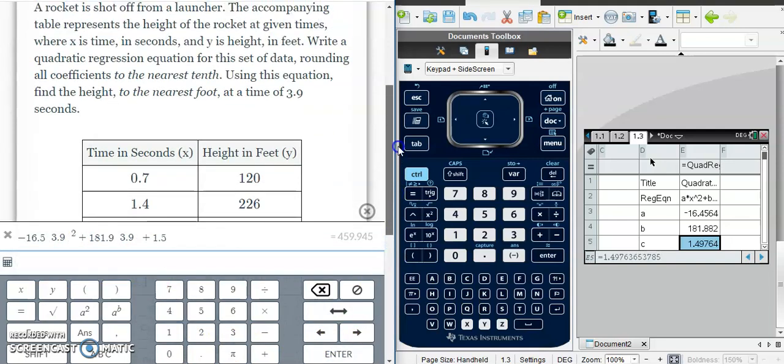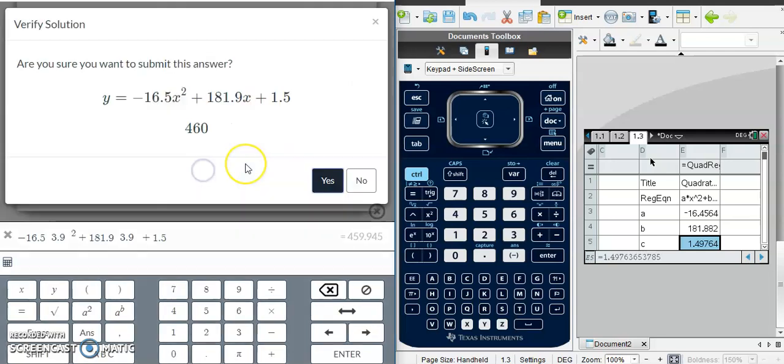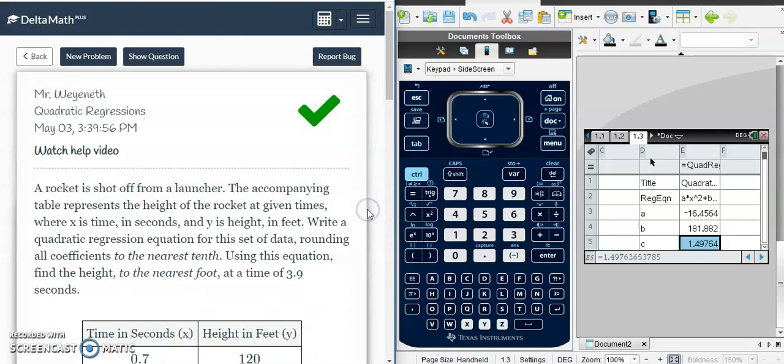And then it tells us they want that equation, find the height to the nearest foot. So to the nearest foot, as I'm taking a look right here, this would be 460 feet. Go ahead and submit that. Yes. And got one correct.